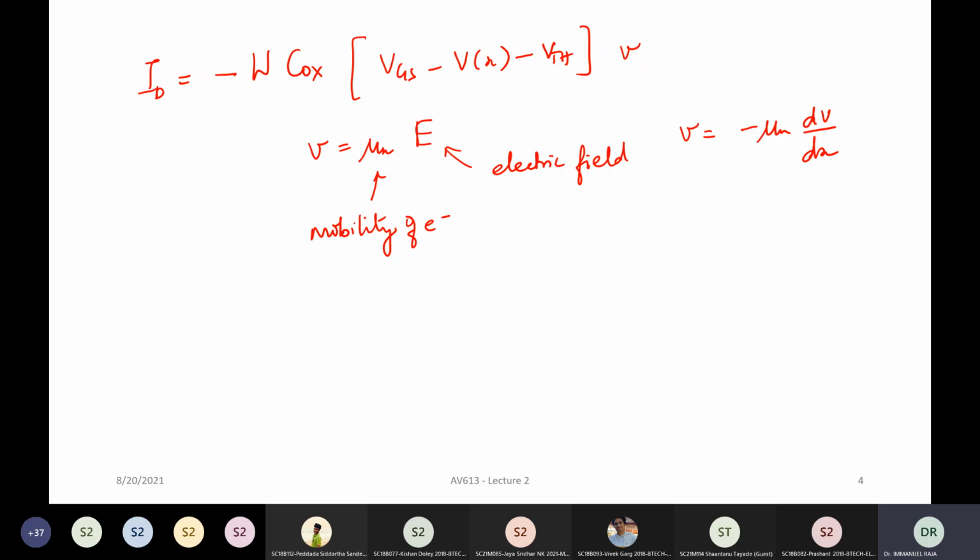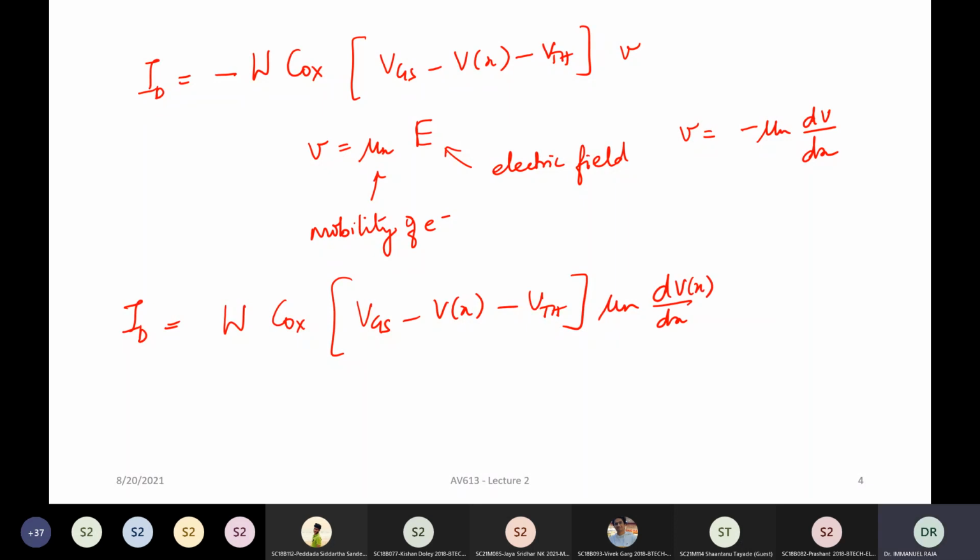And therefore, putting everything together, we get the current equation to look something like this. The negative sign goes off, Cox, VGS minus V of X minus VTH mu n dV by dx. All right. Now you can integrate it like this. You can bring the dx this side.